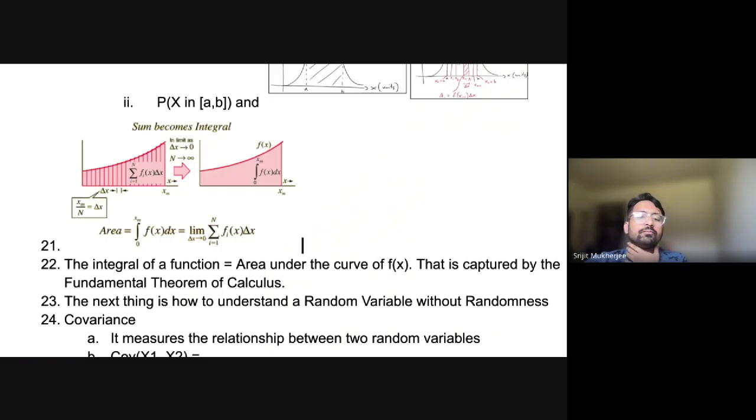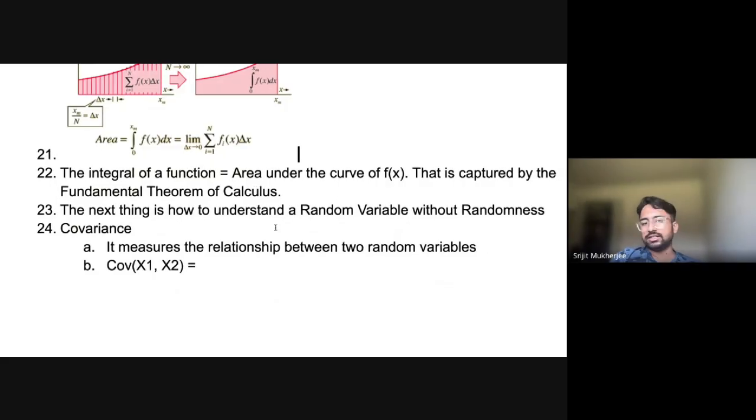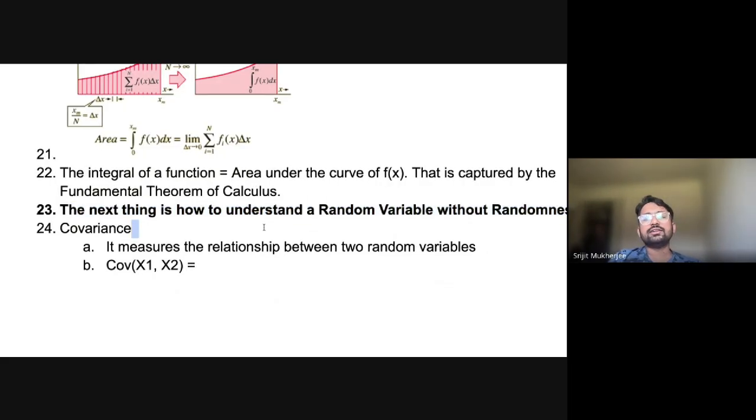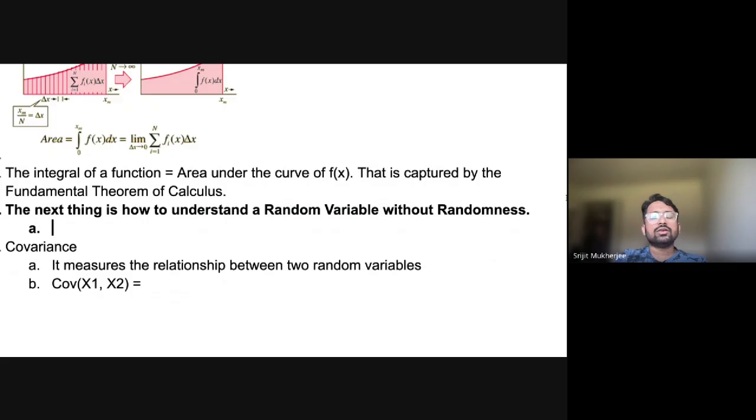Okay, so the next one. We understood the integration is this. The next thing that is important is that I do not know what value a random variable will take, but there should be some non-random component, like a constant.